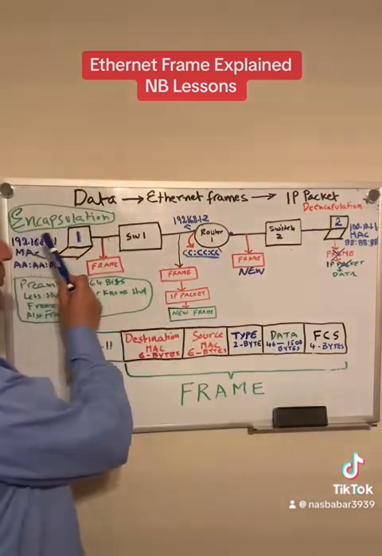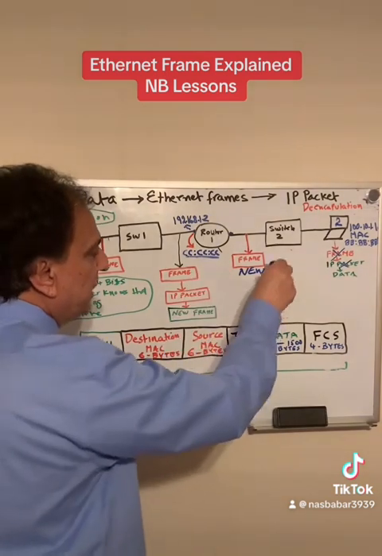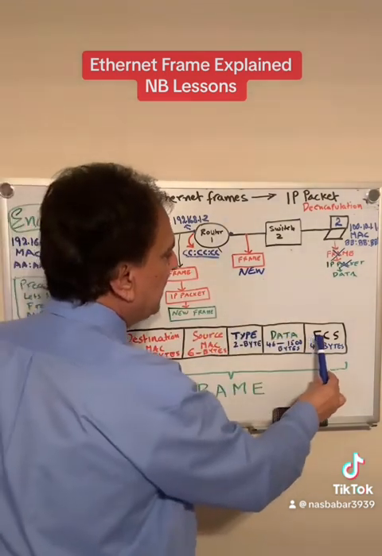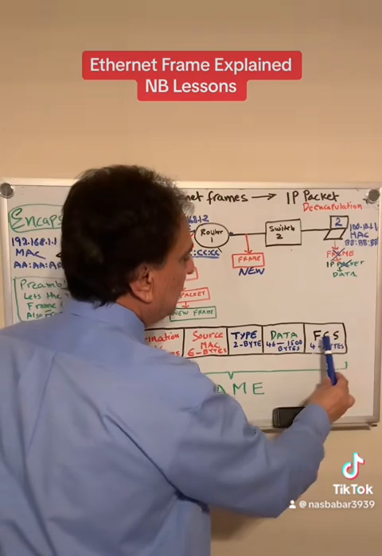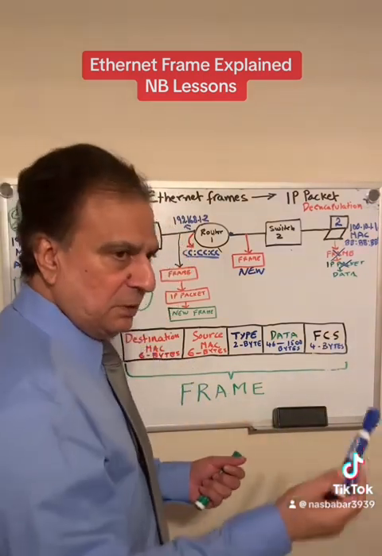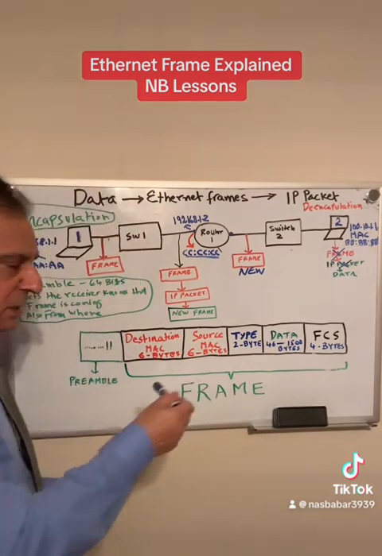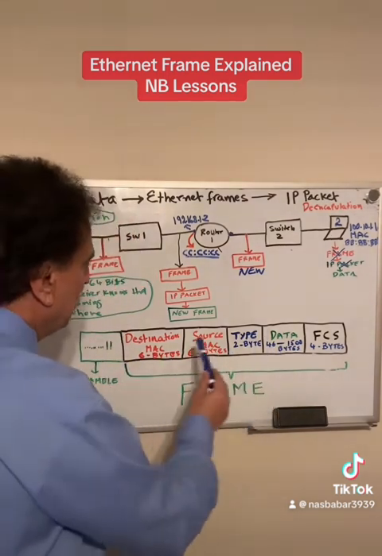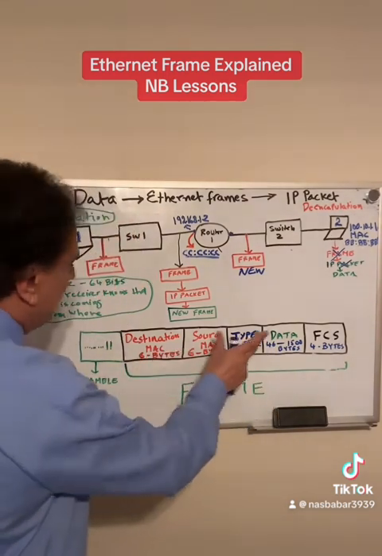Remember, a Word file was being sent. This is where it's located. And this right here is FCS. This basically means frame check sequence. Now let's get into details of what each section has.